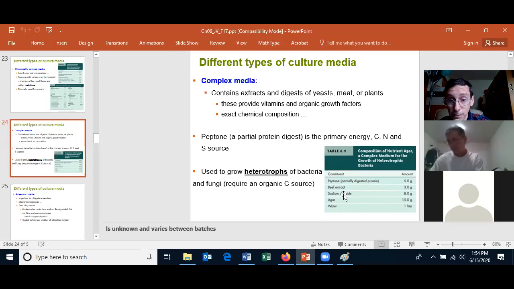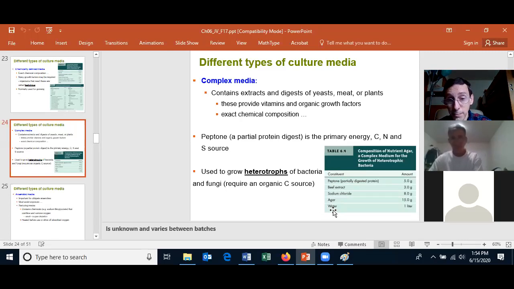And then ground up cow, which we call beef extract, supplying a lot of the nutrients as well as the carbon source and the energy source. The peptones supply the carbon source and the energy source as well. It has sodium chloride in it to help the osmotic pressure, and it supplies sodium and chloride. And then agar to thicken it, and then water.